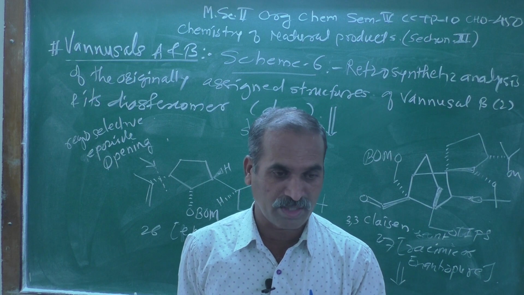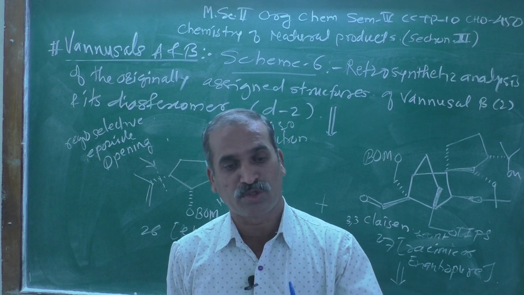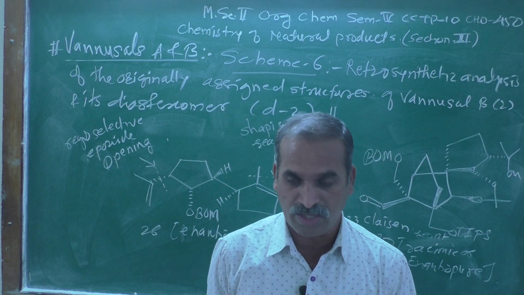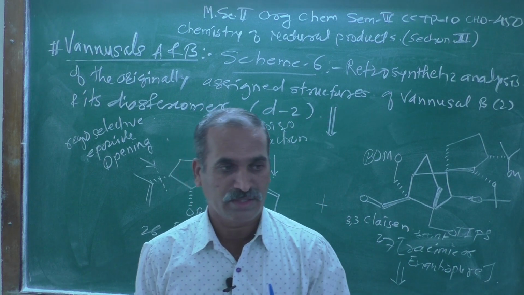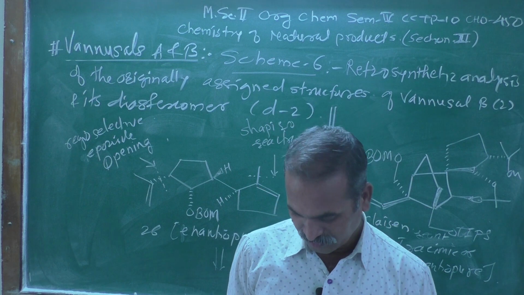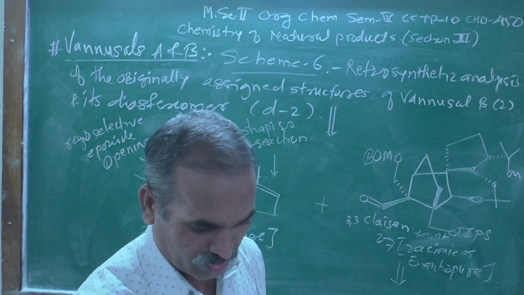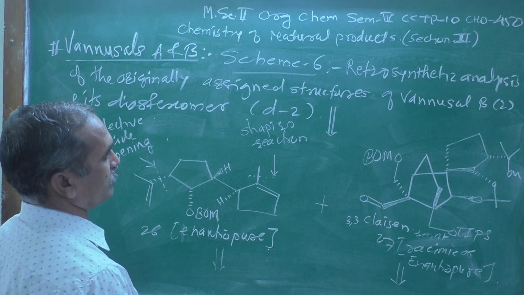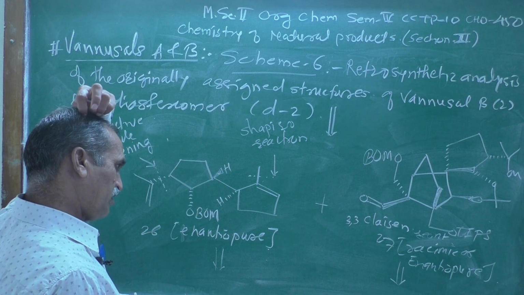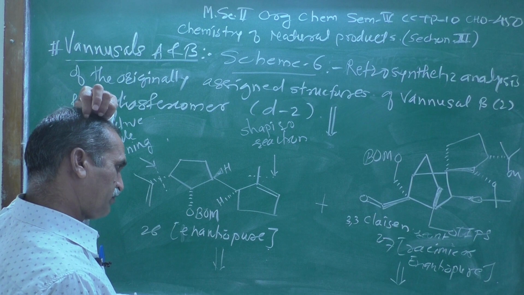What kind of mirror image? Non-superimposable mirror images of each other. If they become superimposable mirror images, then they are called a meso compound like this, possessing a center of symmetry.